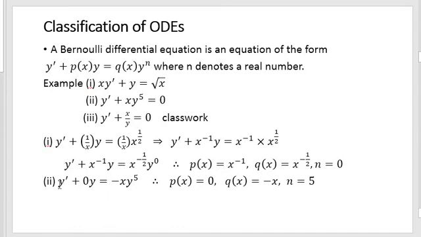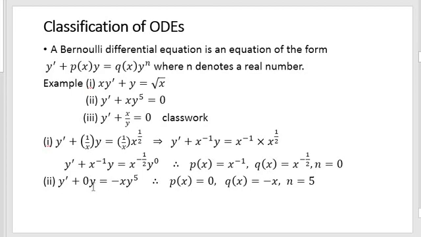Right, so how about the second one? y prime plus 0y is equal to minus x to the power 5. As you can see, this y prime looks similar to this, and this minus x y to the power 5 looks similar to this. What we don't have is this term, so it means that p(x) is equal to 0.